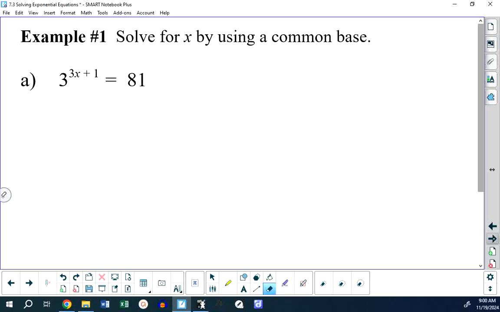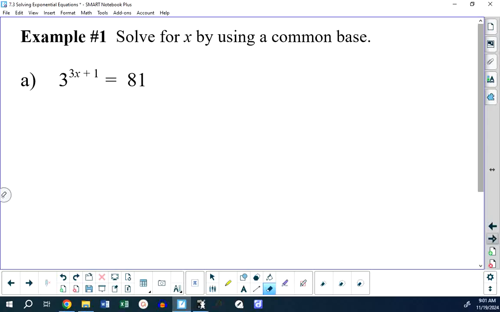Can I write the left and the right side using the same base? Well, there's only one way to write 3 to the 3x plus 1, and it's 3 to the 3x plus 1, which tells you that if there is a common base, it's going to be 3.